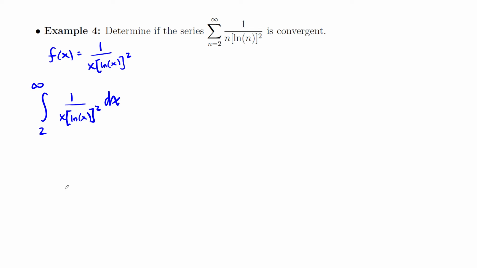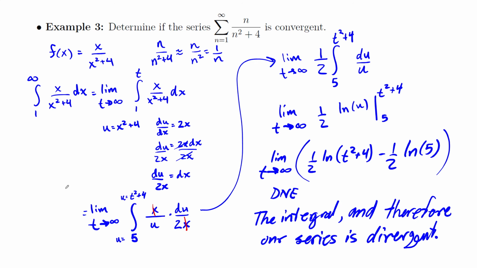All right, so now let's think about what do we do here. So in the last problem, we did use u substitution, right? And when we used u substitution, our rationale was that if we substituted out the x squared plus 4, the derivative of that is going to look a lot like the other part, and then we might get some nice cancellation.